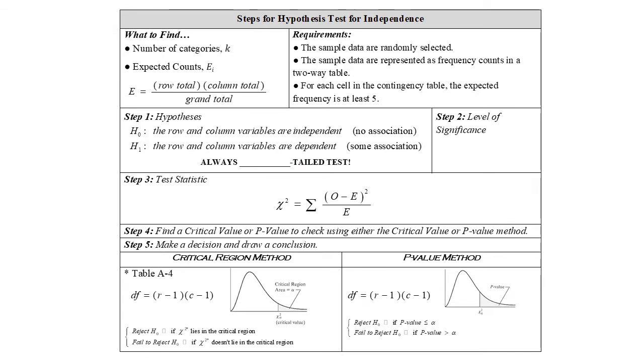So let's look at the steps for performing our test for independence. And the first thing is going to be taking the values in our contingency table. So we'll have to mention here that the values in our contingency table that were given are going to be called the observed values.